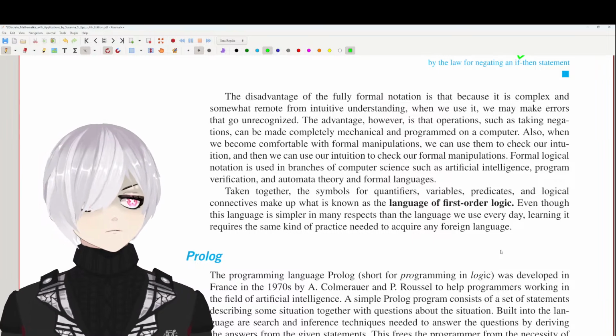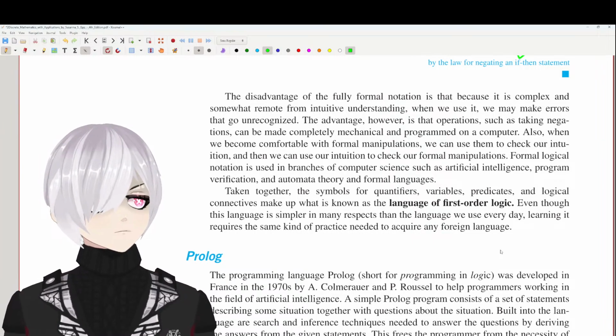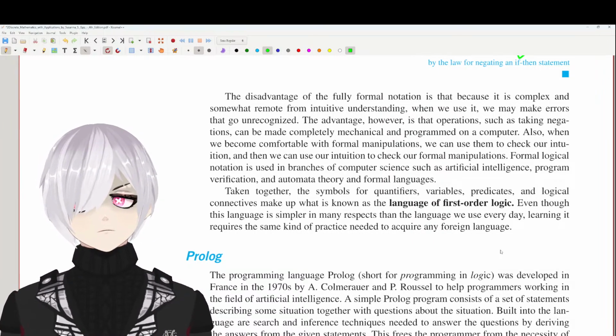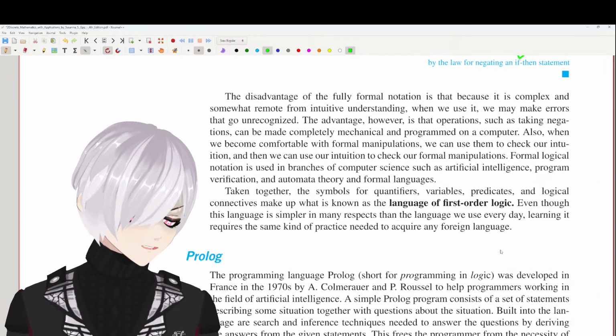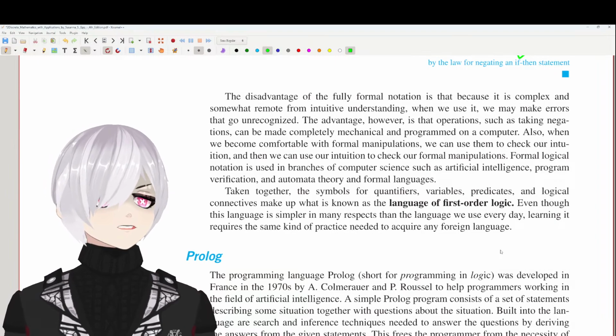Indeed. Was that a pun? Yeah, pun intended there. Hilarious.